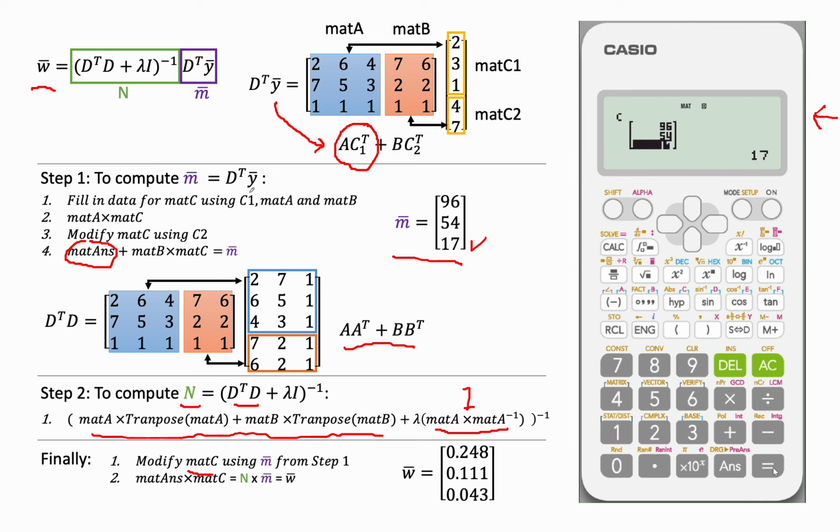To compute our W bar, it is simply the product between N and M bar. N is available as the intermediate answer that we obtained earlier. We simply need to post-multiply it with M bar to obtain our W bar. So this is the W bar that we obtain eventually.